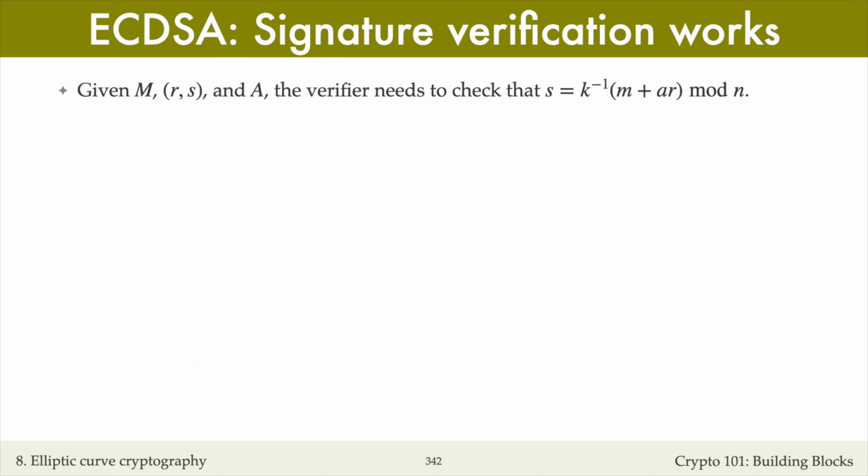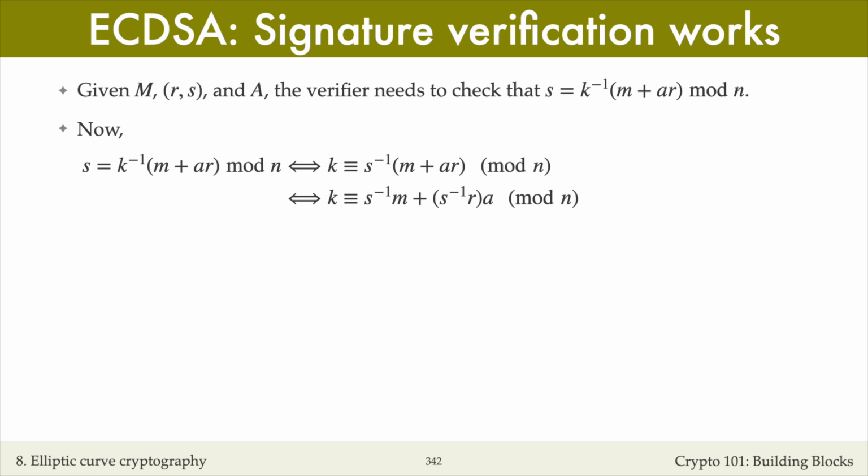He now needs to check that S was correctly generated using this equation. However, Bob cannot check this equation directly because he knows neither the per message secret K nor Alice's private key A. Let me show you how Bob can verify this equation without knowledge of K and A. I'll first interchange S and K to get this equivalent congruence and rearrange terms.